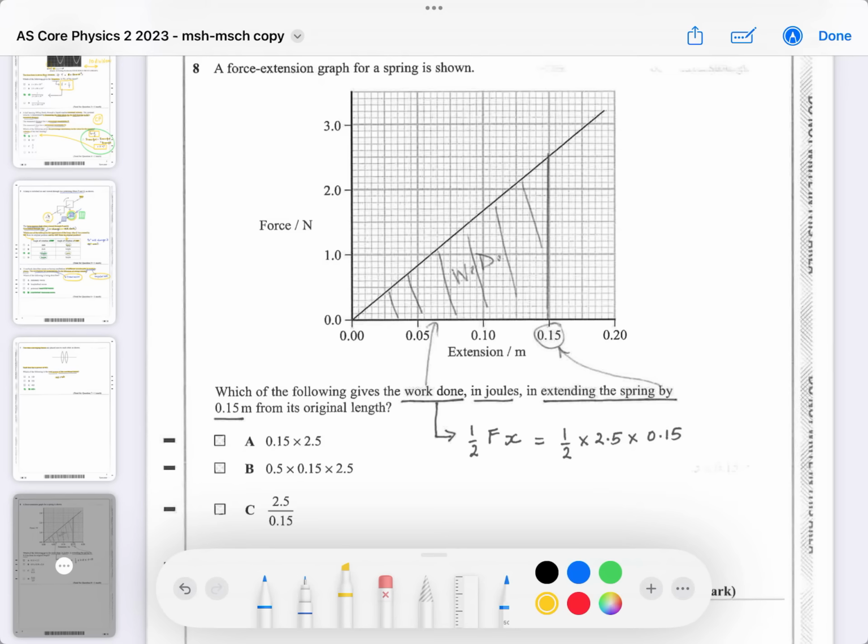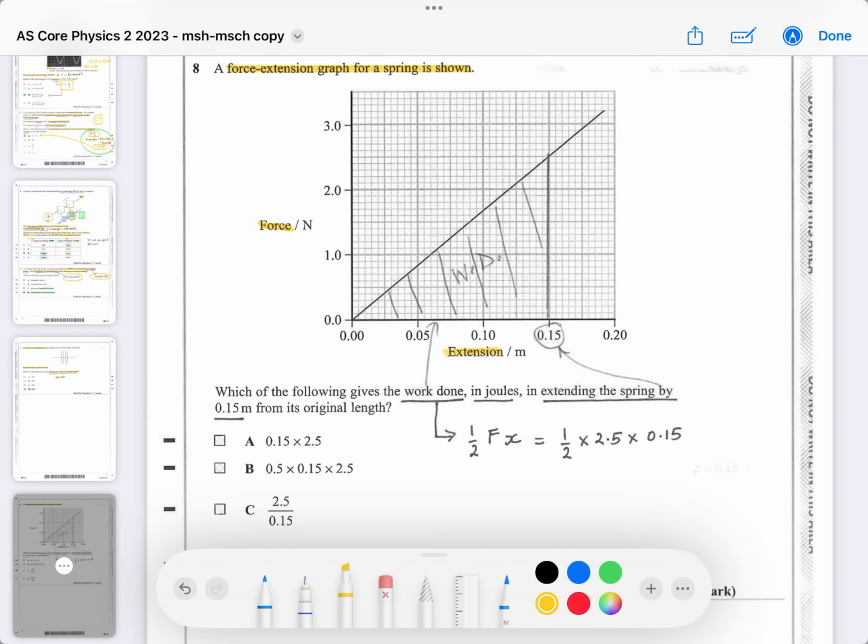So a force extension graph for a spring is shown. Okay, they put force on the y-axis and extension on the x-axis, which is the way I like to do it, because then the steepness of the gradient is the stiffness constant. Okay, the steeper it is, the stiffer it is, and that's why we don't always put the independent variable on the x-axis.